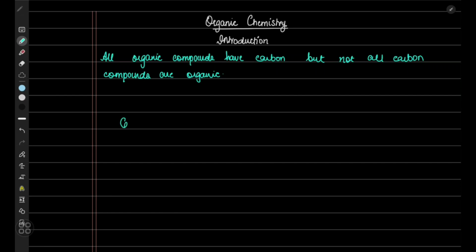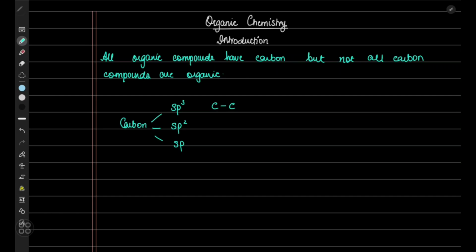Carbon shows three types of hybridization, and that is one of the most important points for the centrality of carbon in organic chemistry. Carbon exists in three states: sp3, sp2, and sp. When we're talking about sp3 hybridization, we're talking about carbon making single bonds with other elements.